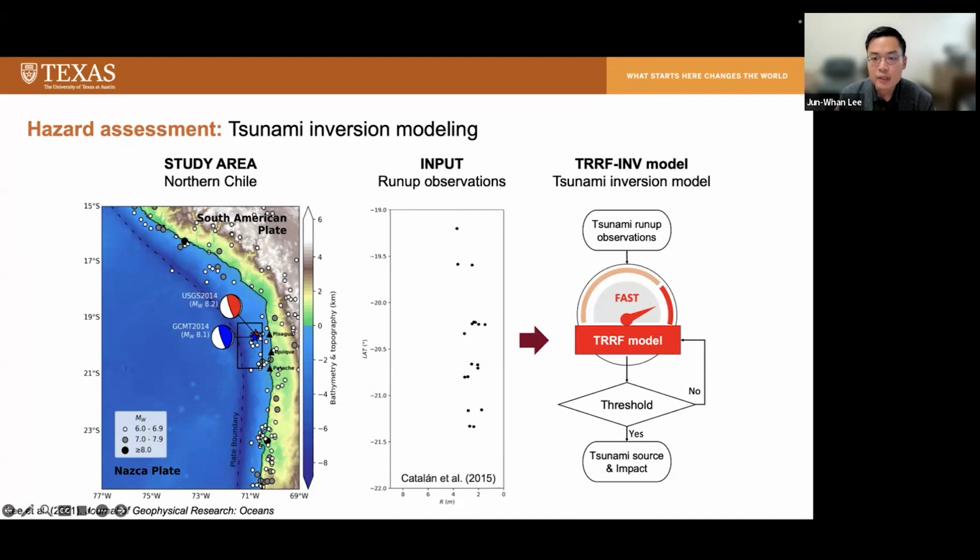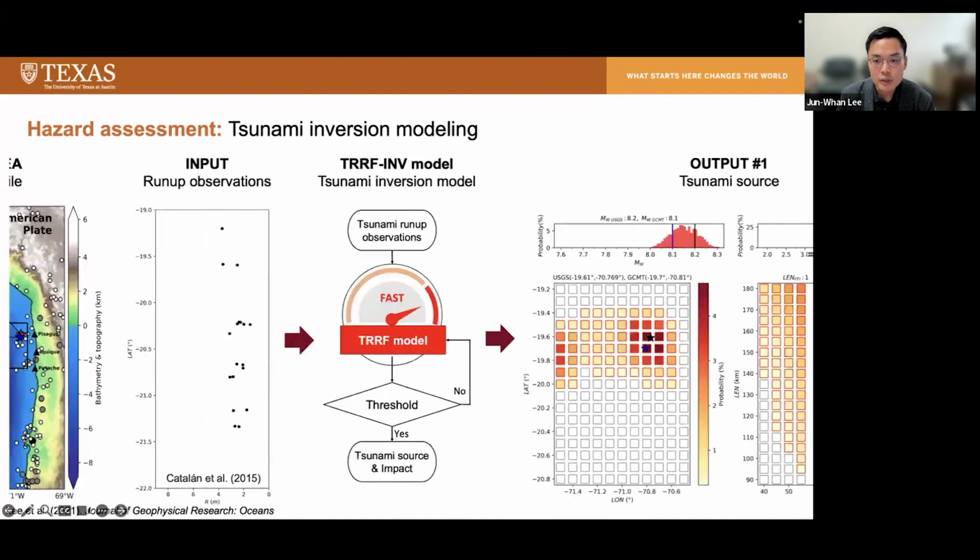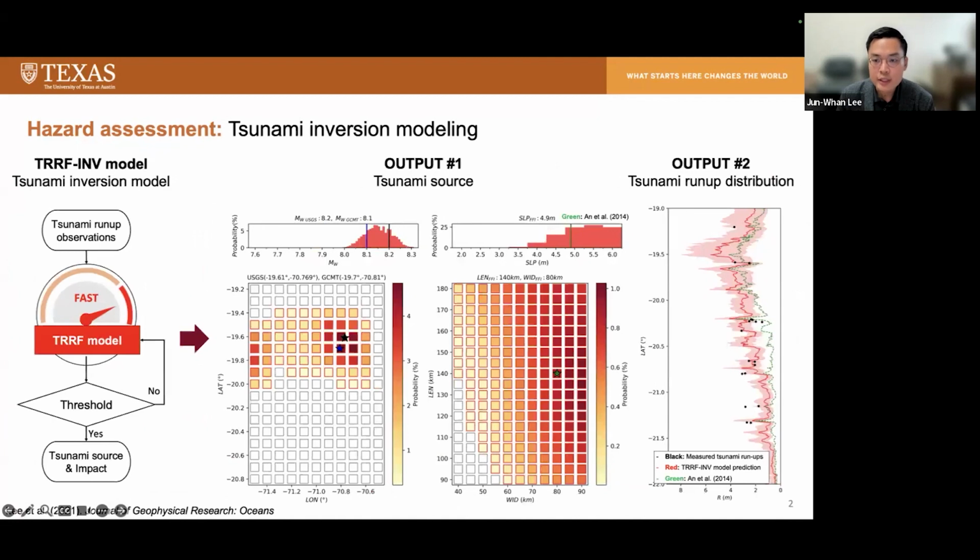And based on the selected scenarios that show small errors, this new inversion model provides two outputs. One is a probabilistic tsunami source, and the other is a probabilistic reconstructed tsunami run-up distribution.